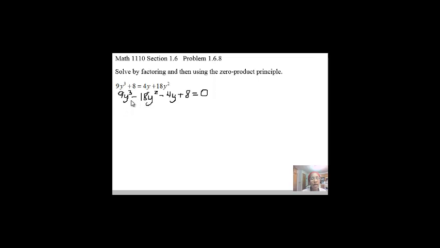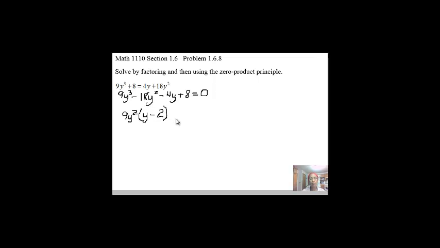So I'm going to find the greatest common factor of these first two terms, and that happens to be 9y squared. If I multiply 9y squared by y, I'll get 9y cubed, which is my first term. If I multiply 9y squared by negative 2, I get negative 18y squared, which is my second term.